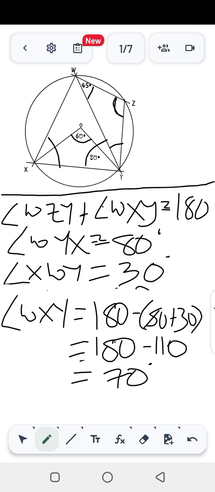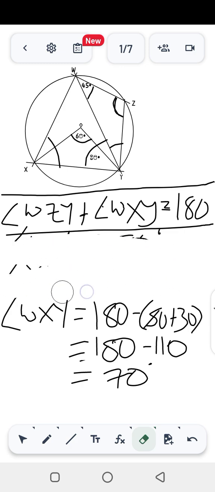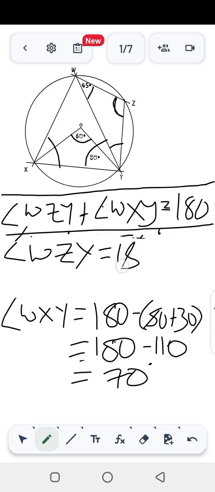Now we learned that WZY and WXY will sum up to 180 degrees. Therefore, angle WZY will be equal to 180 minus angle WXY, which we found to be 70 degrees.